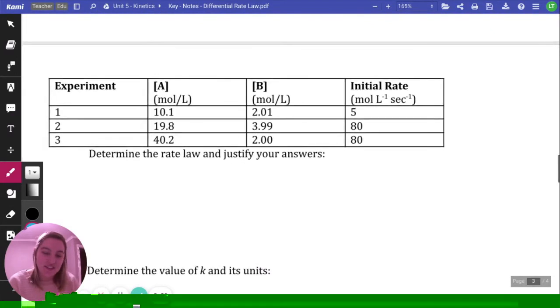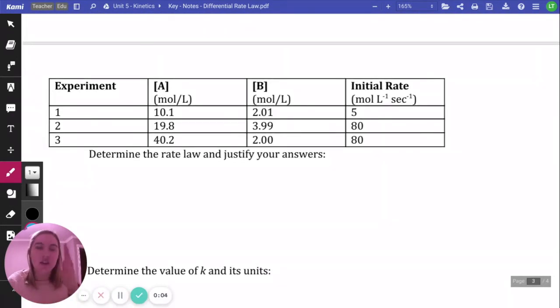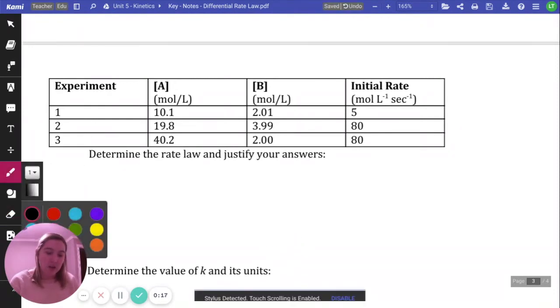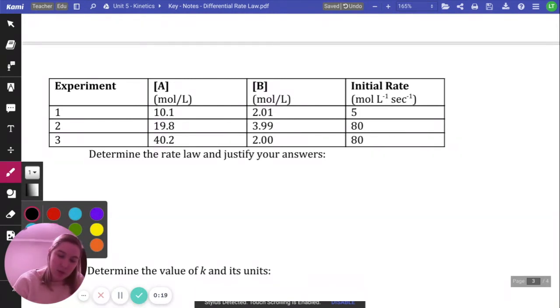So this one says determine the rate law and justify your answer. I'm going to show you guys a slightly different way to solve these, just depending on your brain. To determine the rate law, we do have to determine the order. So what we're going to do is compare two rates. We still need to look at our data.